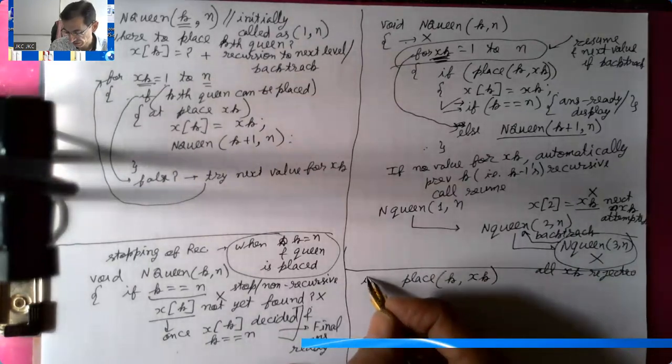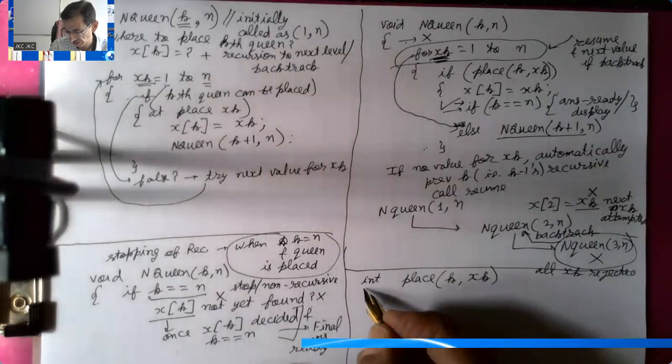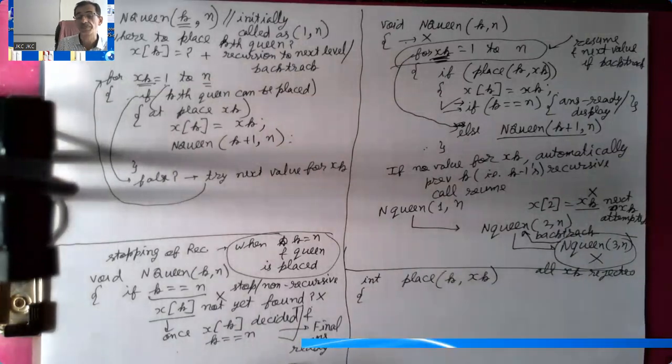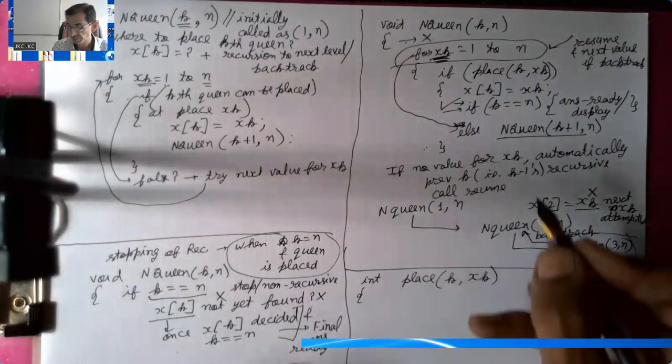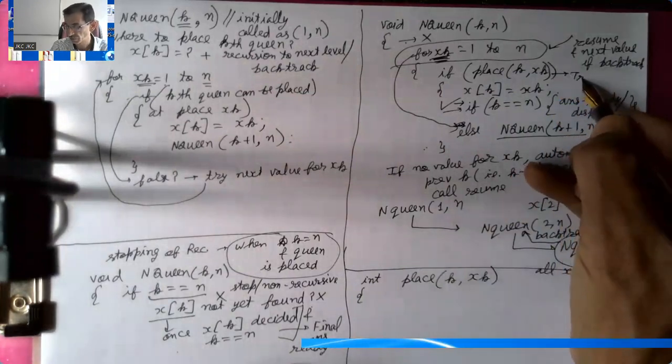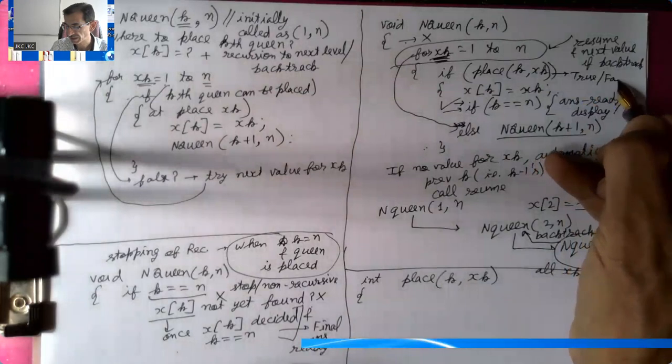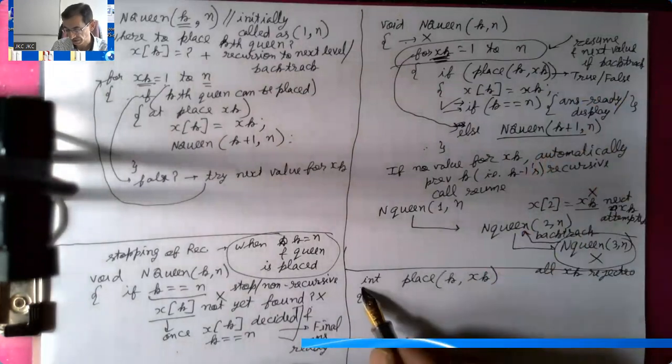And obviously it has to return an int, so that if the placement is acceptable, true should be returned, because here I need a true value or false value. So it will have int type.